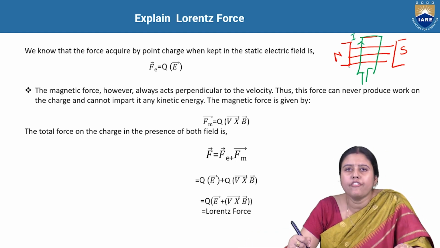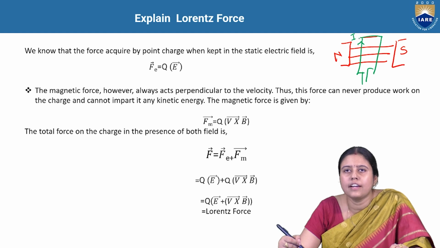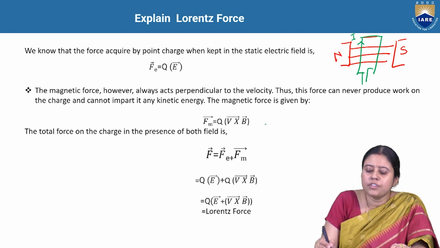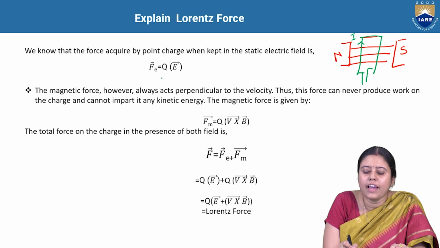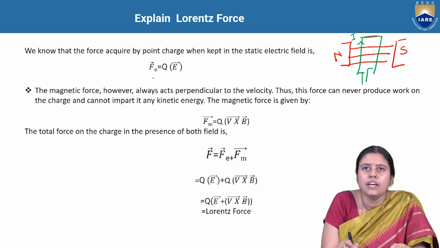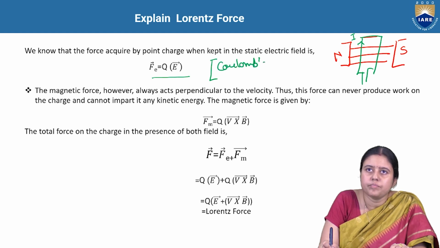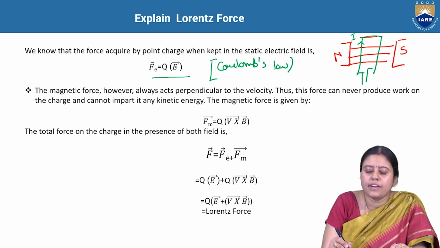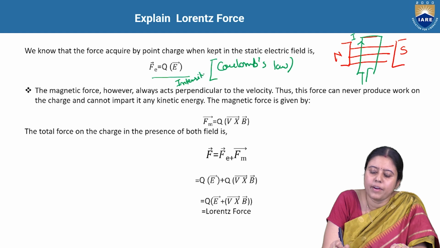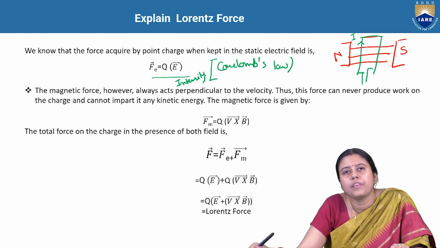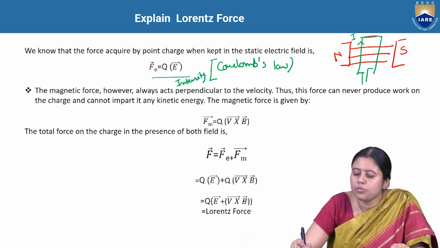Due to the field acting on the electrical conductor, there is one force due to the electric field, and according to Coulomb's law, Fe is equal to Q into E, where E is the field intensity. This is due to the electric field.